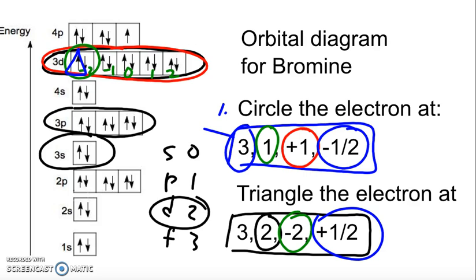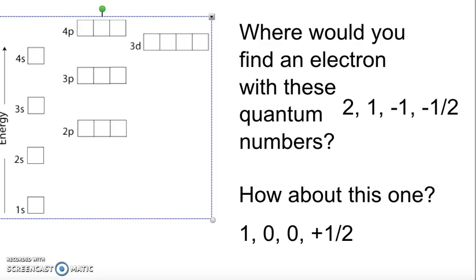Quantum numbers are just a way to symbolize or give a code for where a specific electron can be found. The next question: where would you find an electron with these numbers, 2, 1, -1, -1/2? The first number of 2 means it's got to be somewhere in here.